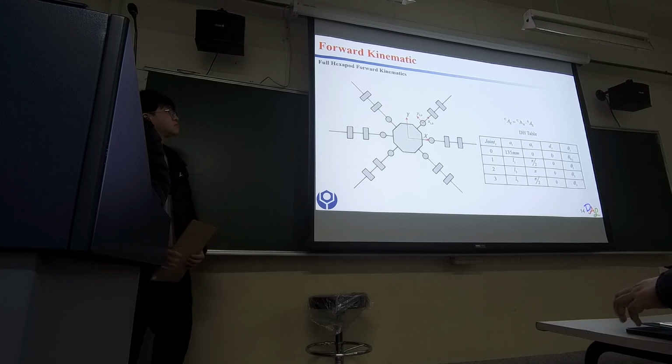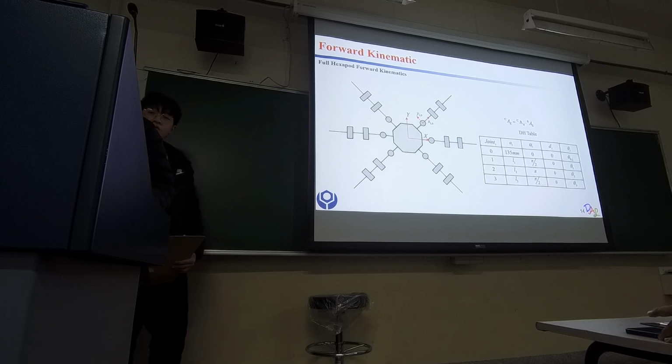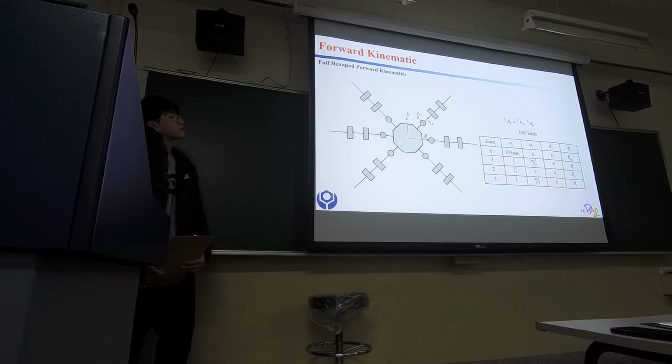Using the transformation matrix, the forward kinematics of the hexagon robot allows us to input 18 joint angles and compute the position of all 6 end effectors in global coordinate systems.